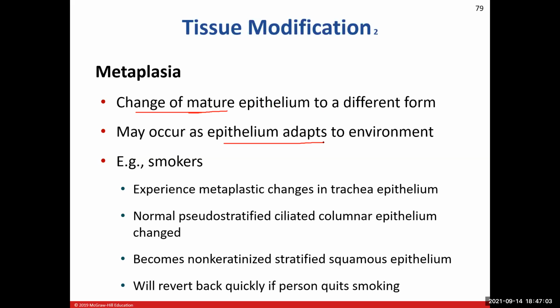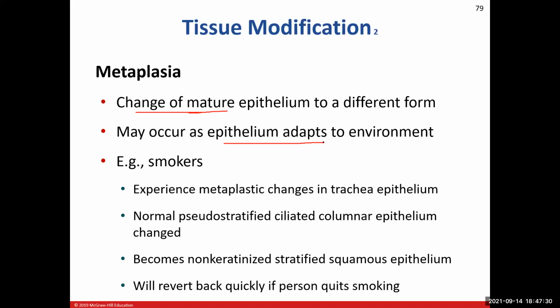So essentially one single cell layer that's going to have goblet cells and all this fun stuff. And the epithelial cells are going to be tall, taller than they are wide. Well, after smoking for a while, those cells transition into non-keratinized stratified squamous. So we go from one single cell layer to two or more cell layers and to a completely different shaped cell.